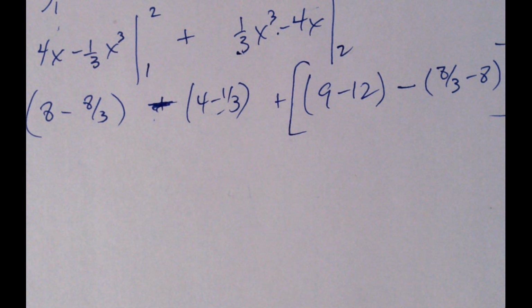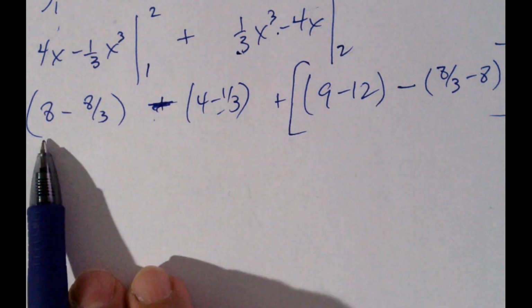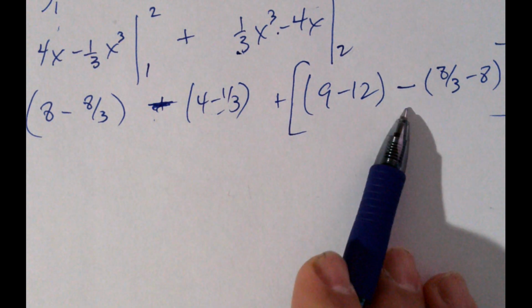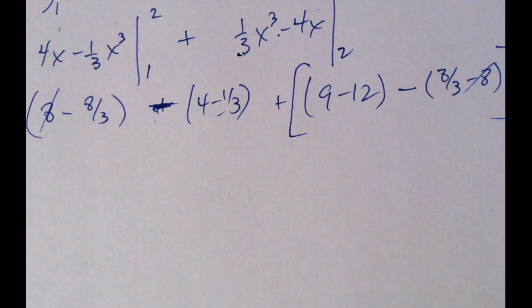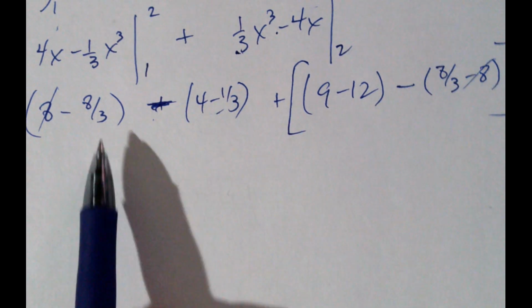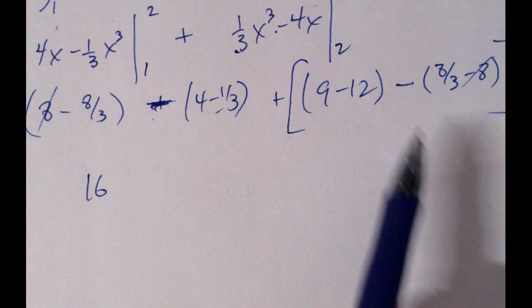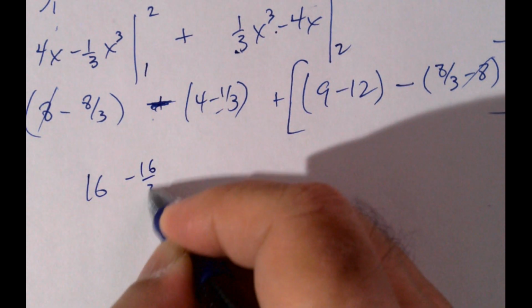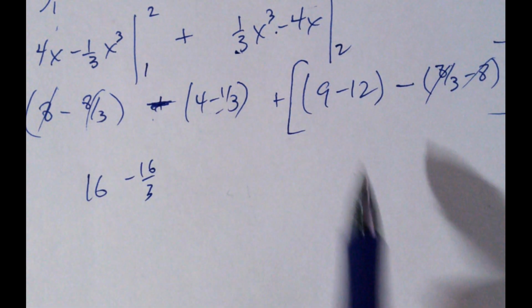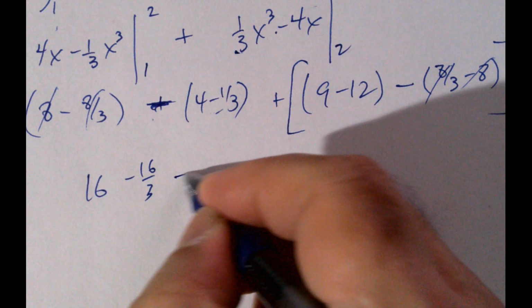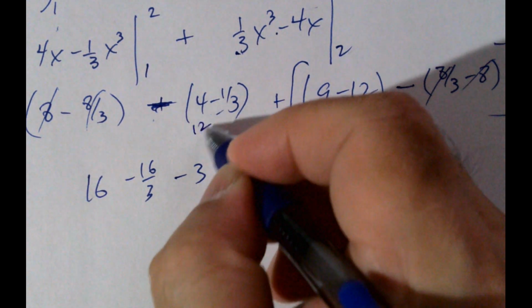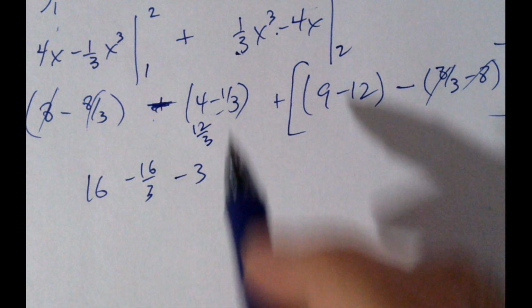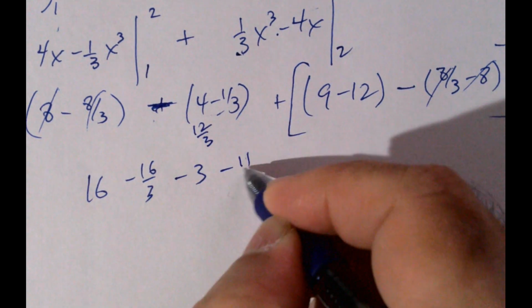All right, so 8 minus negative 8. So I'm using the 8 and the negative 8. So that's 16. Then I got negative 8/3 minus 8/3. That's minus 16/3. So we use those. That's a negative 3 minus 3. 4 minus 1/3, make that 12/3. So that's 11/3, and it's a minus. So it's minus 11/3.